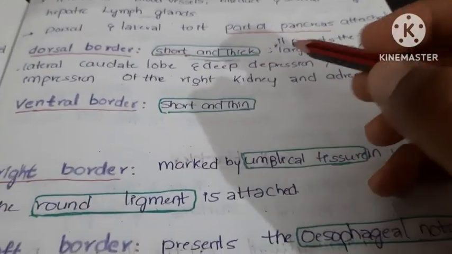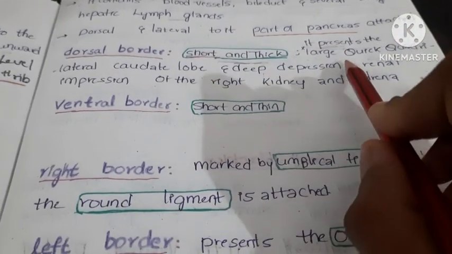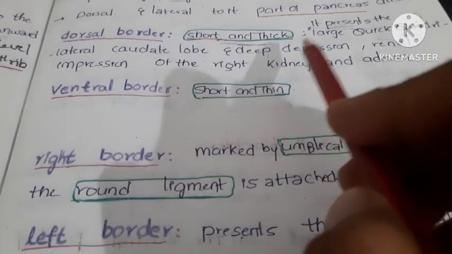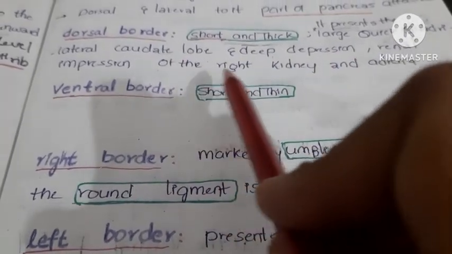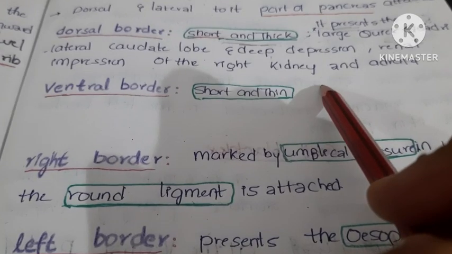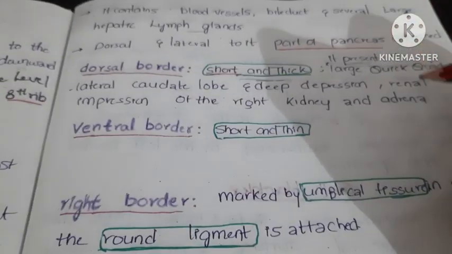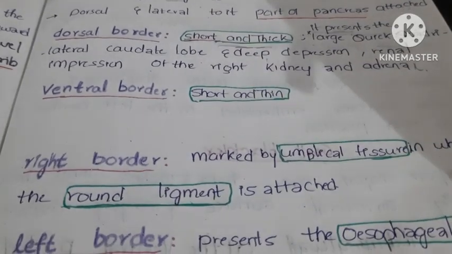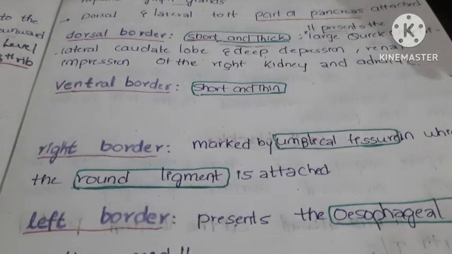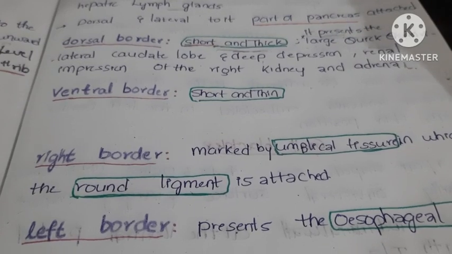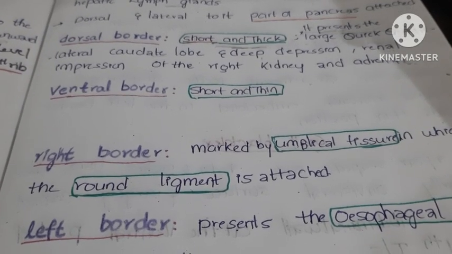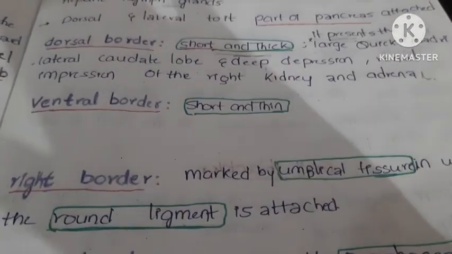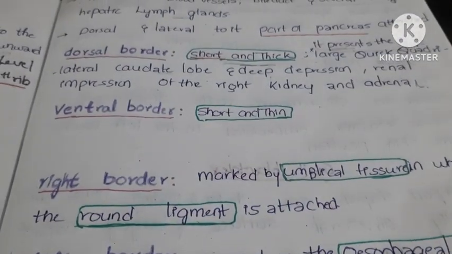The dorsal border is short and thick. It has the large quadrilateral caudate lobe and a deep depression, the renal impression of the right kidney and the adrenal.